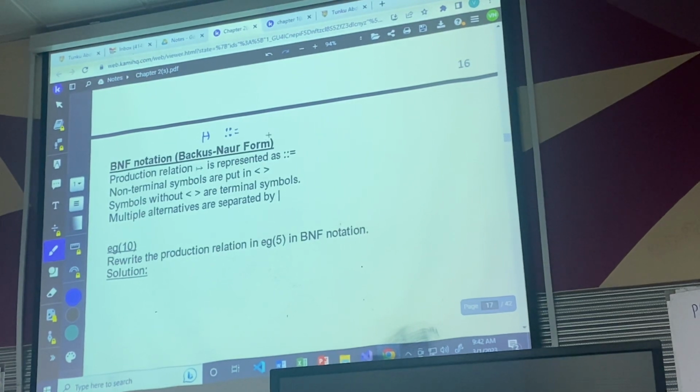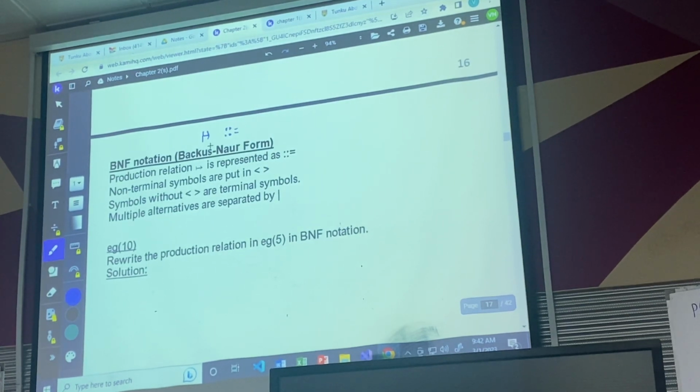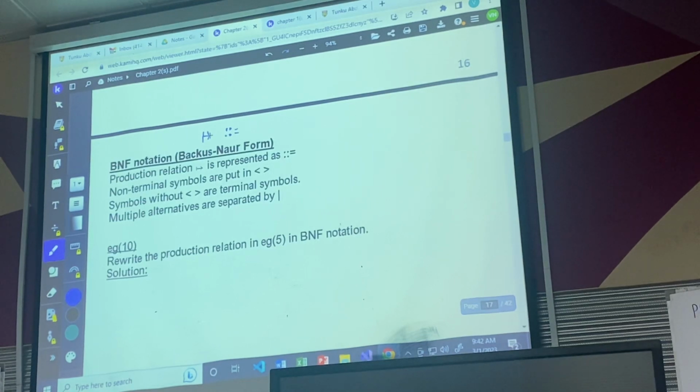Okay? And then, for the non-terminal symbol, just now I said you will use a capital letter, right? But for this BNF notation, if it is a non-terminal, we will put it in brackets like this. So for example, B0 is a non-terminal, then I put bracket B0. If B1 is a non-terminal, then I put bracket B1.